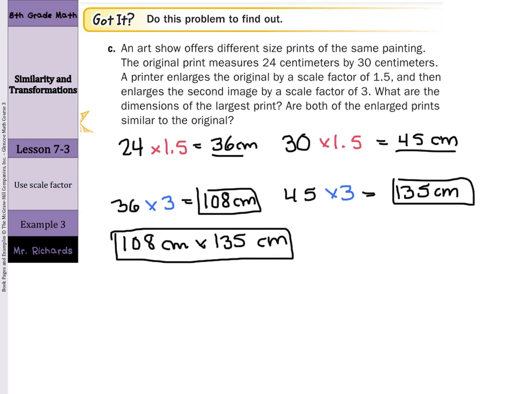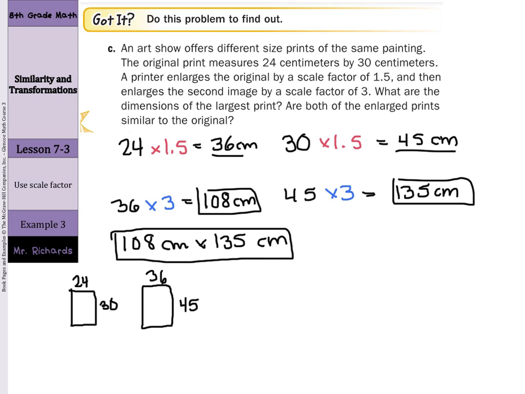Now, are both of the enlarged prints similar to the original? Let's tie this all together with checking the ratios of the sides. The first image was 24 by 30. The enlarged image from that was 36 by 45.